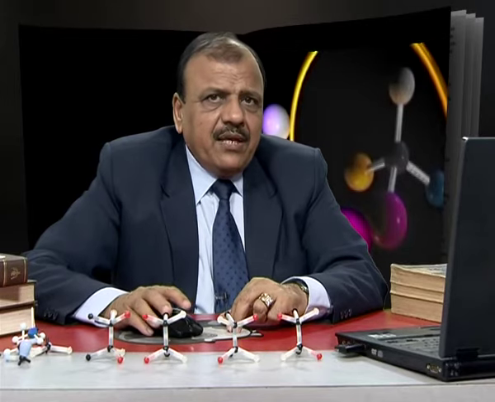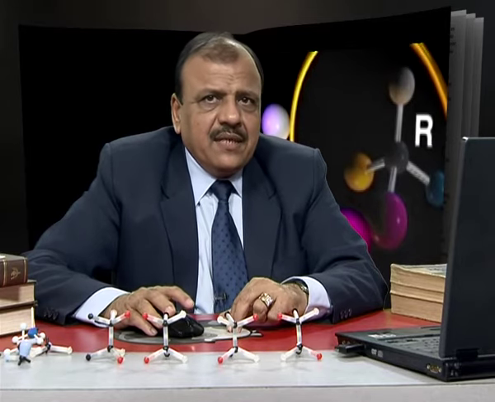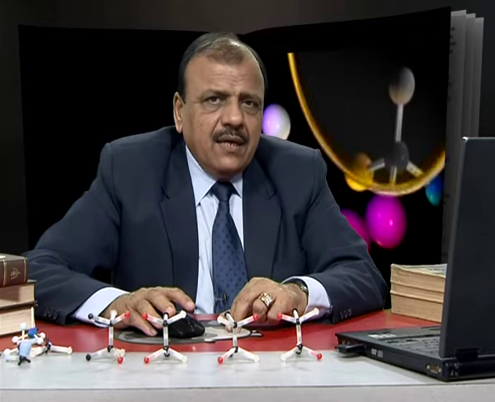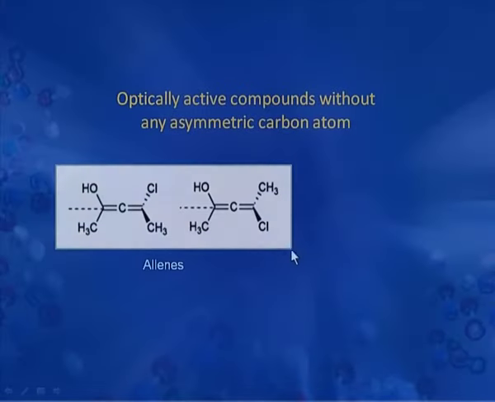Then there are some other molecules which do not contain an asymmetric carbon atom, but still they show optical activity or optical isomerism. One group of compounds are allenes. Actually, these compounds do not have a chiral center, but there is a chiral axis that is shown by this dotted line, and we call this a stereogenic center in terms of this axis.